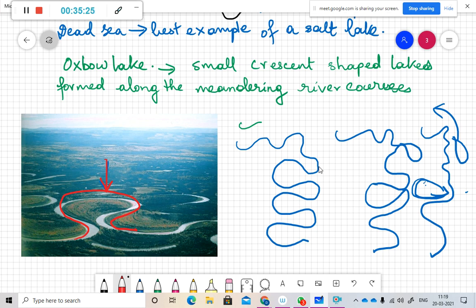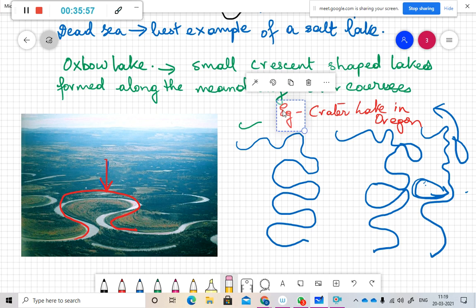Sorry, this is an example of Crater Lake in Oregon.